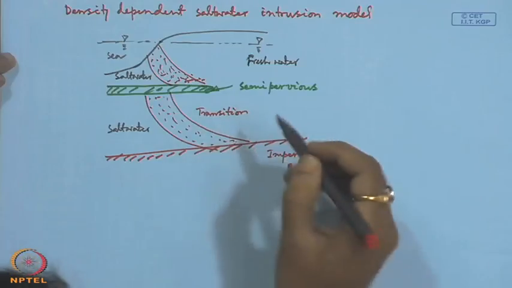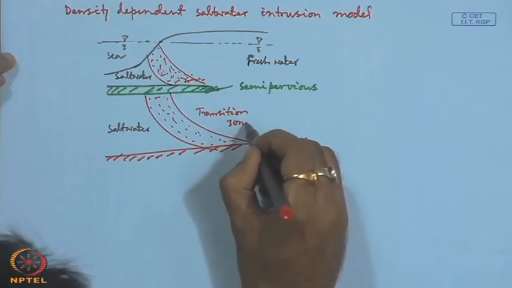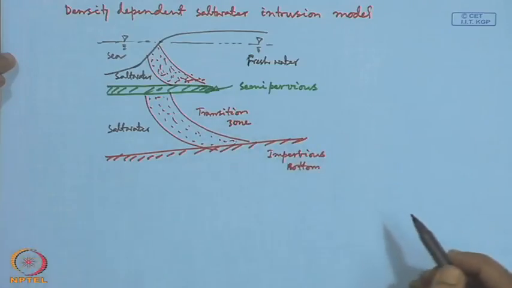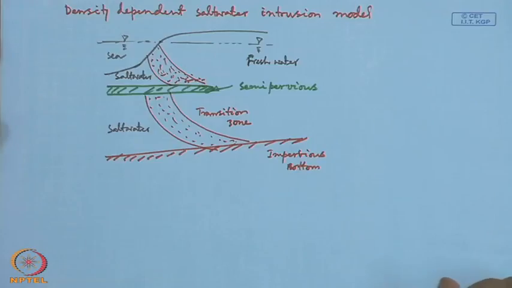And during this kind of modeling, we need to consider the composition of seawater, because the composition of seawater is important for exact modeling of saltwater intrusion using density dependent flow models.